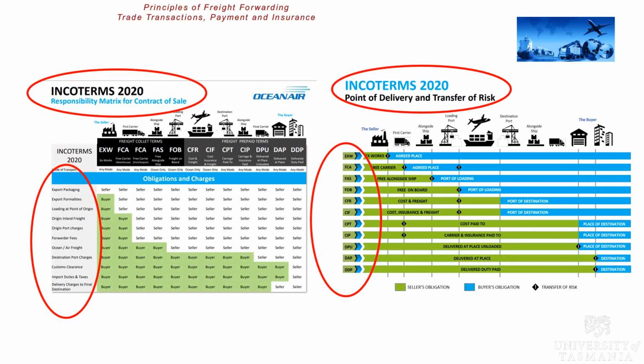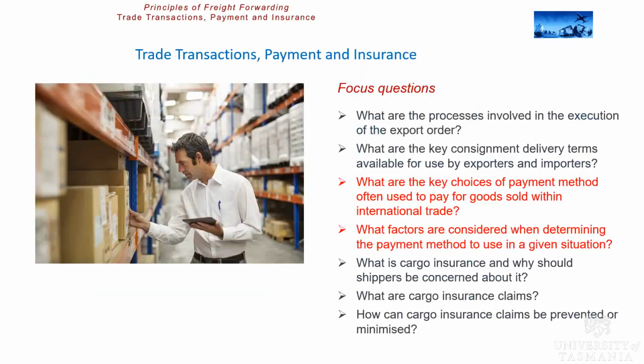So as I said, Incoterms are not always used for every contractual arrangement. It may not be appropriate for one reason or another. However, as you can see, it does provide some really good advice to understand what your obligations might be.